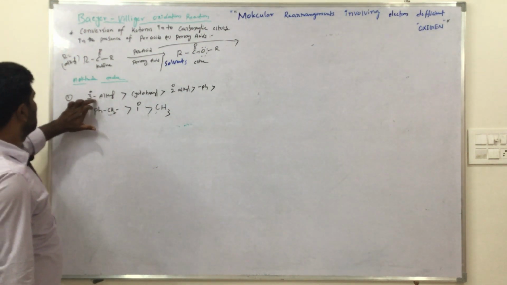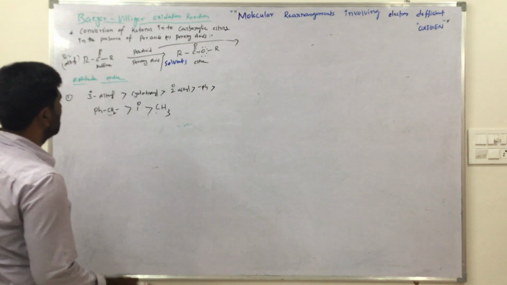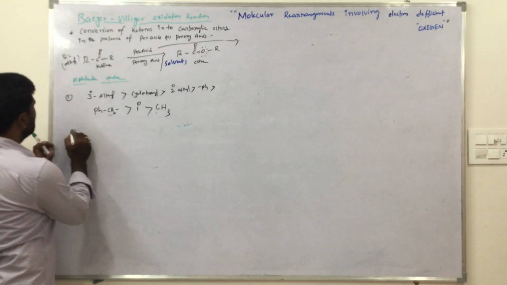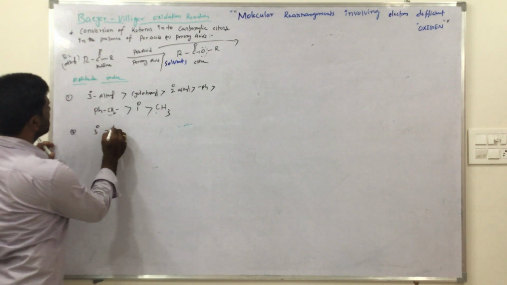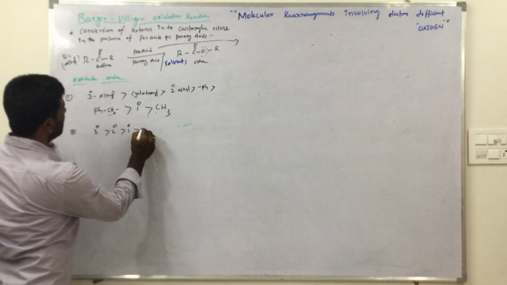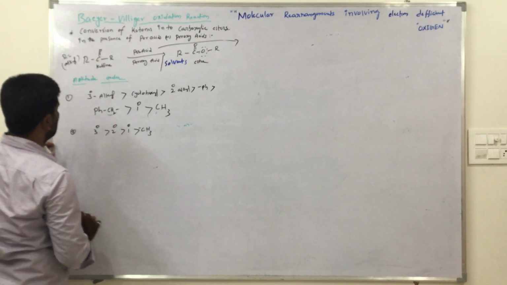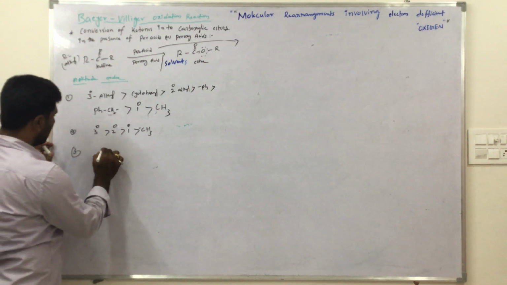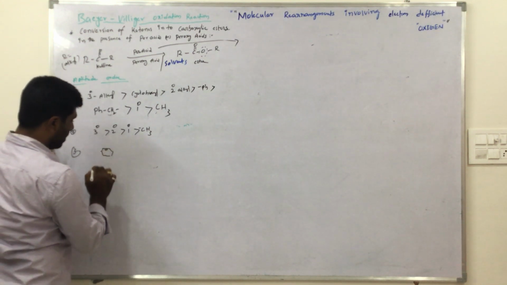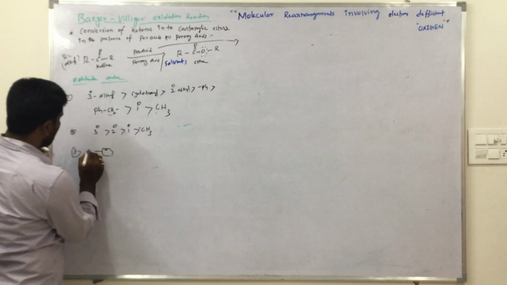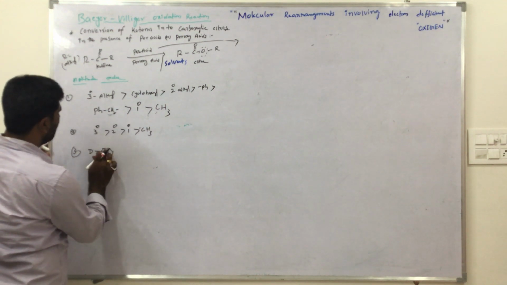Why? Because these are tertiary, right? Second one is tertiary, secondary, primary and CH3. Okay. Third one is a benzene group having an electron donating group.